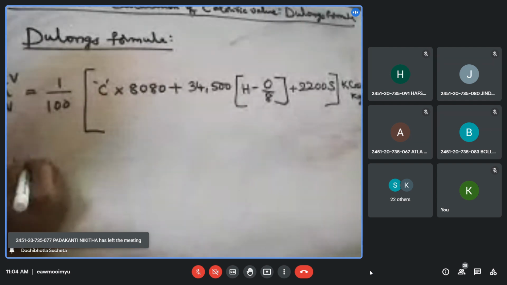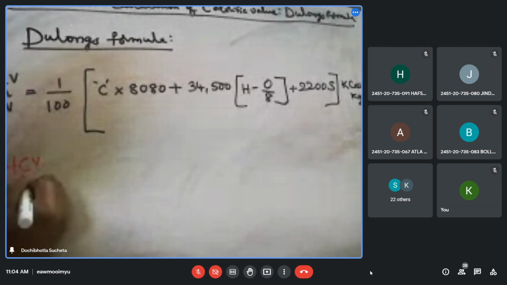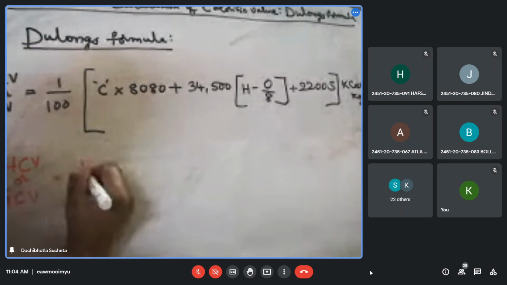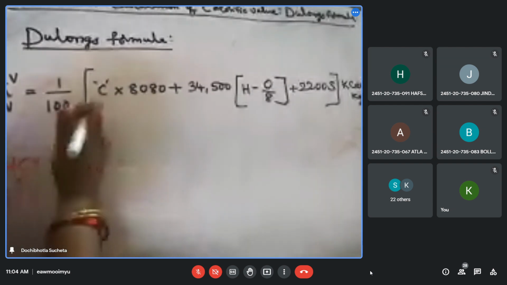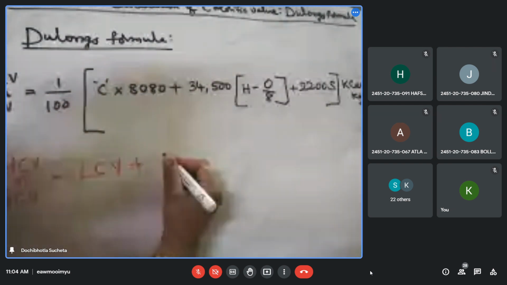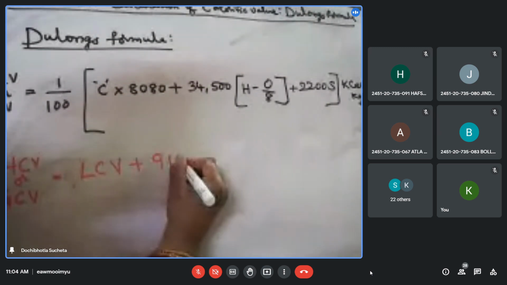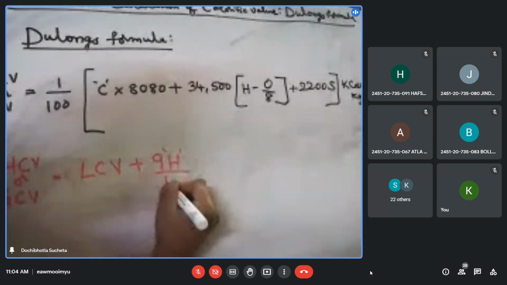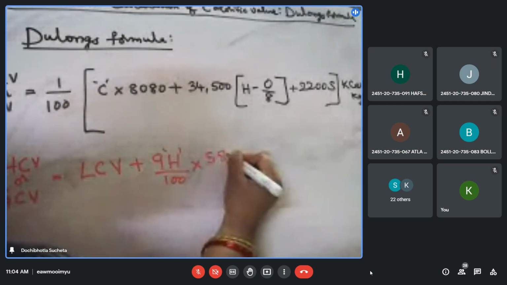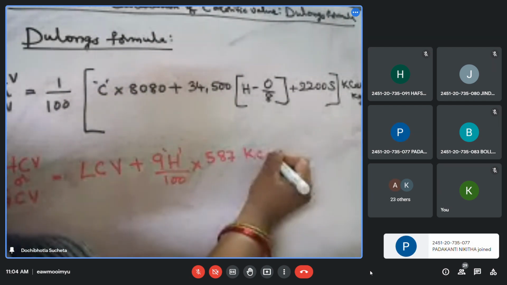HCV or GCV is equal to LCV plus 9 capital H by 100 into 587 kilocals per kg.